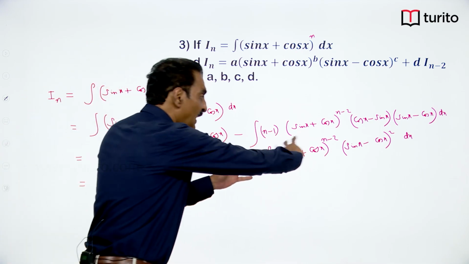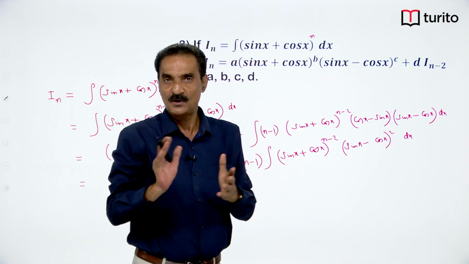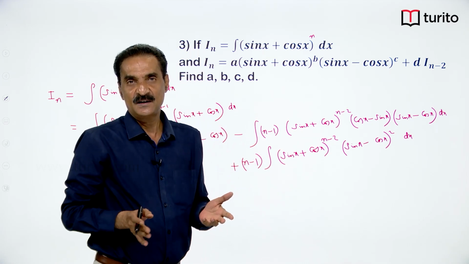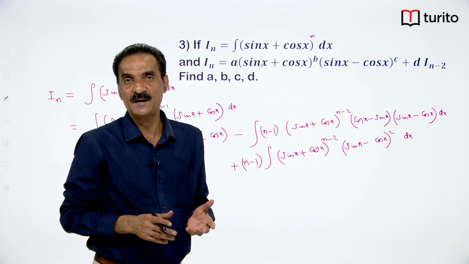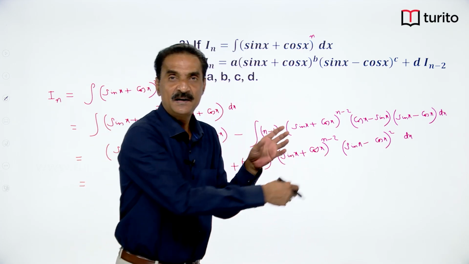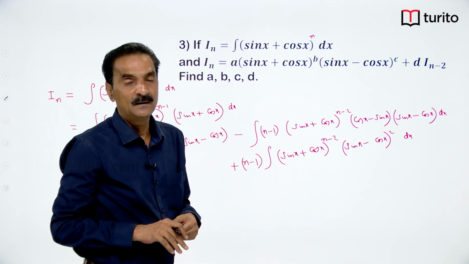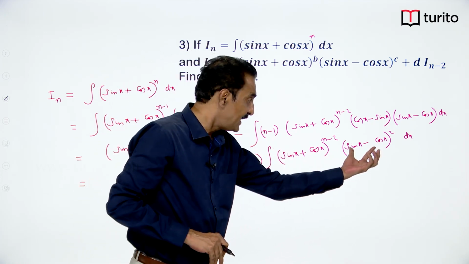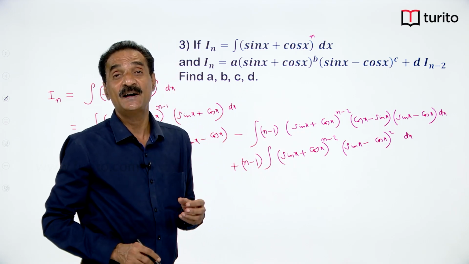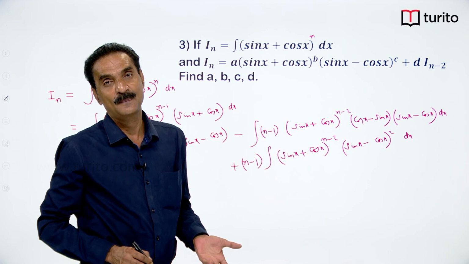But we want to write this part in terms of In and In minus 2, as in the proofs of the previous reduction formulae. Every time in the second integral we are getting In and In minus 1, taking In to left hand side we are getting the reduction formula. So, we should write (sin x minus cos x) whole square in terms of (sin x plus cos x) whole square. How?